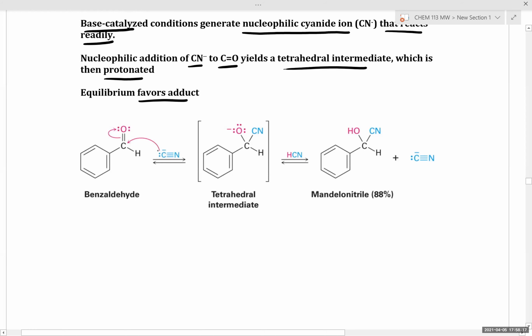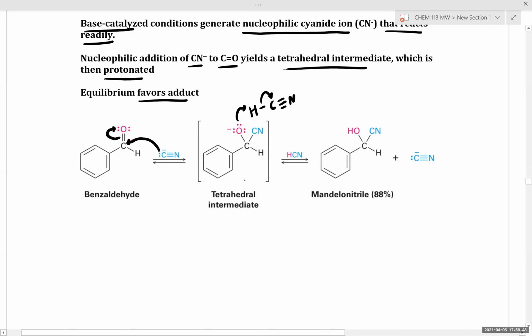So the mechanism involves attack of your cyanide onto your electrophilic carbonyl carbon. We kick up our lone pair, and that generates this tetrahedral intermediate. This alkoxide ion can be protonated either with acid or an extra acid generated as a byproduct in this reaction, or with an added equivalent of acid during the quench step.